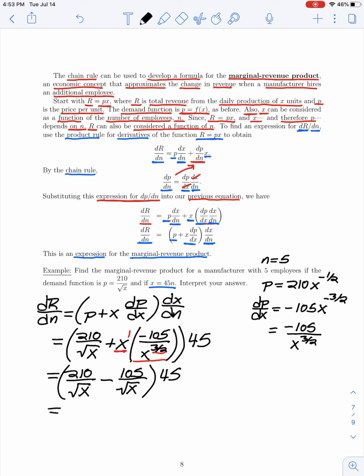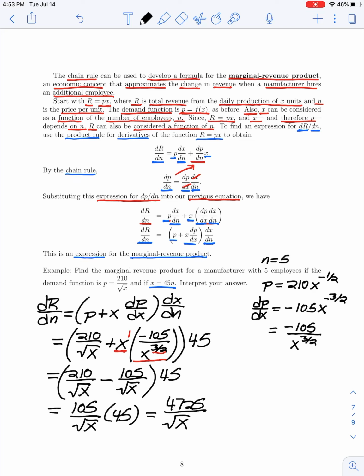So now, inside of our parentheses, we have 210 over root x minus 105 over root x, which gives us 105 over root x times 45, or 4725 over the square root of x.